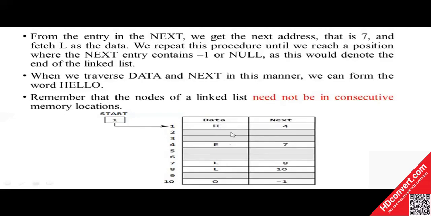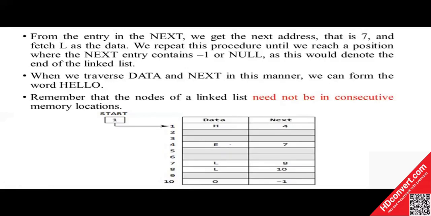But in a linked list, you can store the data in any available random location. So after H, E is stored in the fourth location. So the next part of the first node contains the address 4. So my second data is E.